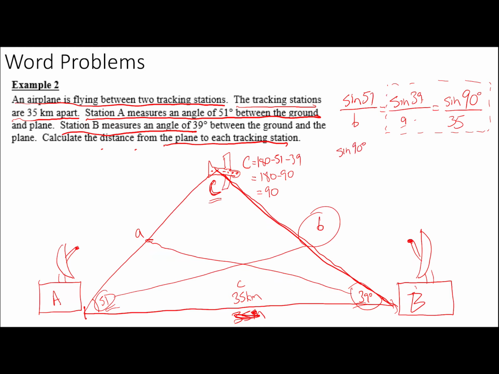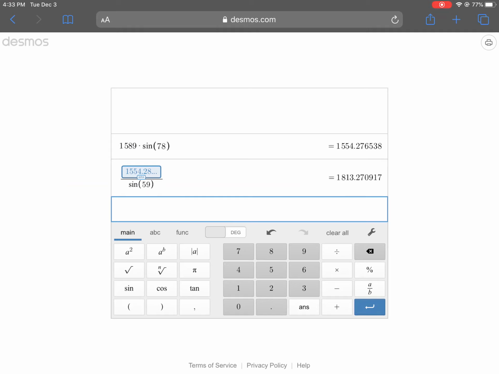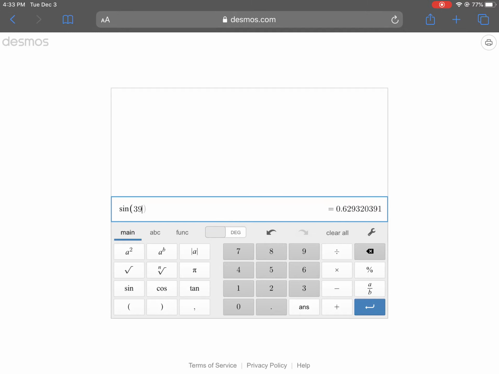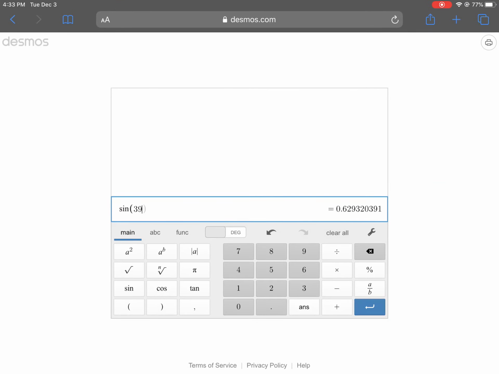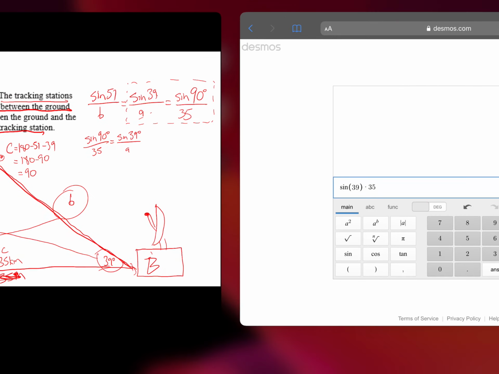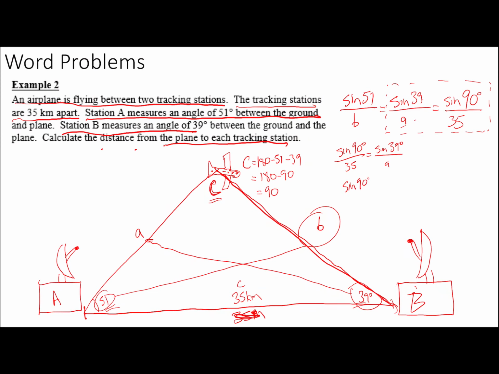Sine of 90 degrees over 35 equals sine of 39 degrees over A. Let's solve for A. Sine of 39 times 35, we're going to cross multiply, equals 22. So sine of 90 degrees times A equals 35 times sine of 39 degrees.